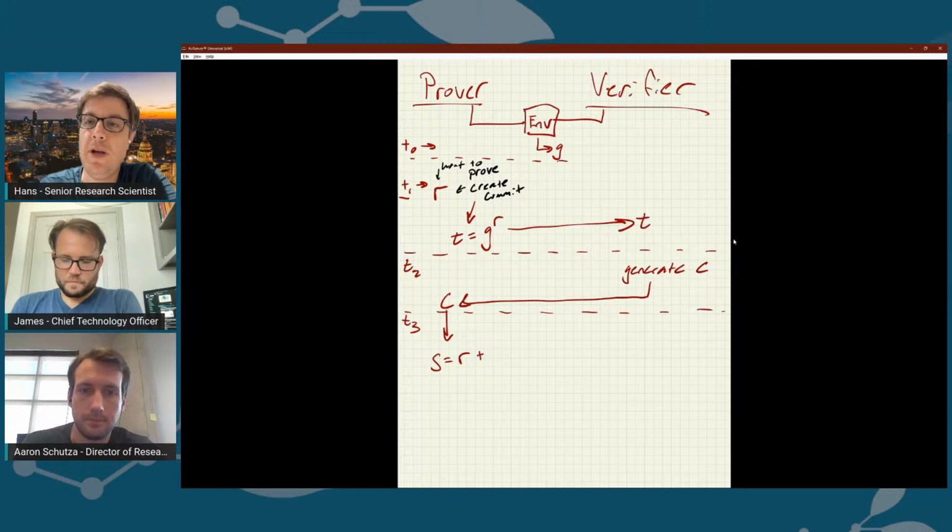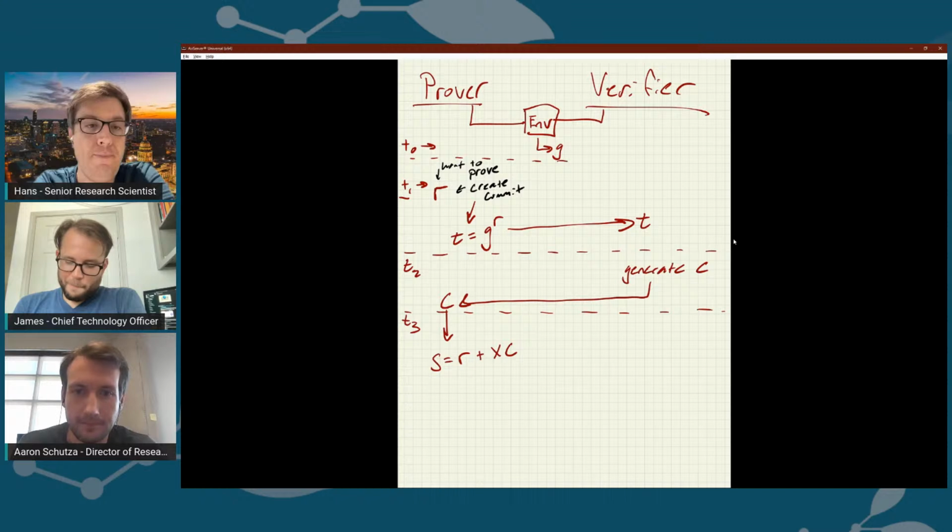Yeah, we haven't introduced x yet, but it's part of the setup. Okay, so you get s, which is r plus x times c. And then don't you do like g to the s or something? Not yet. So the prover sends s back to the verifier.